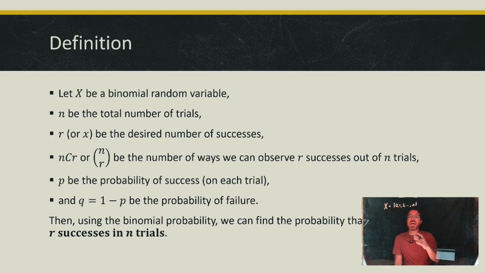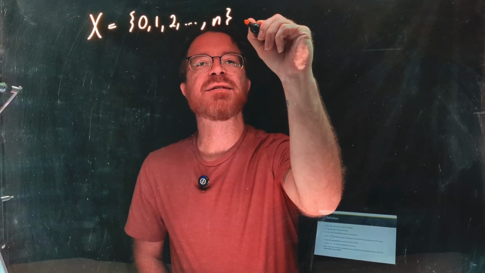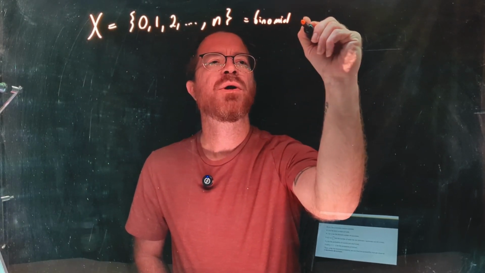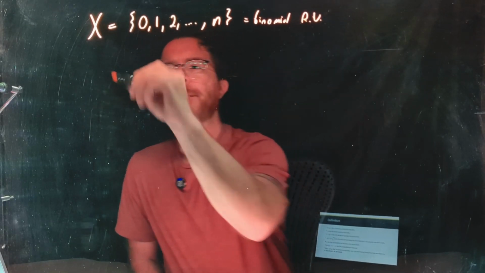For example, if I'm flipping 20 coins, there will actually be 21 outcomes because I could get 0 heads, I could get 1 head, 2 heads, 3 heads, all the way up to and including 20 heads, where every coin flip is heads. N is our total number of trials. So in this case, X is our binomial random variable.